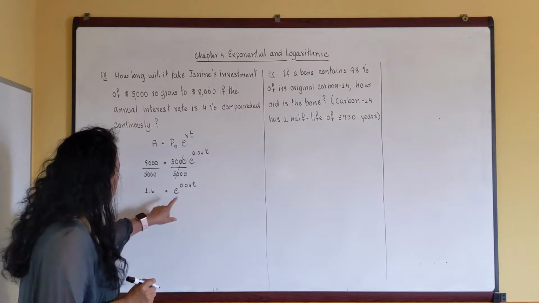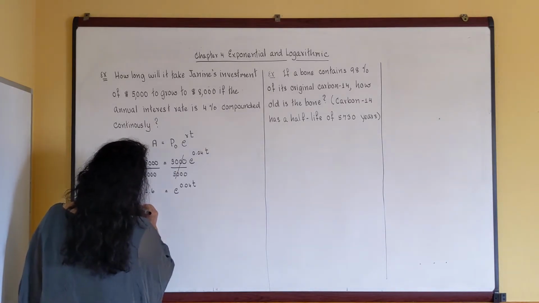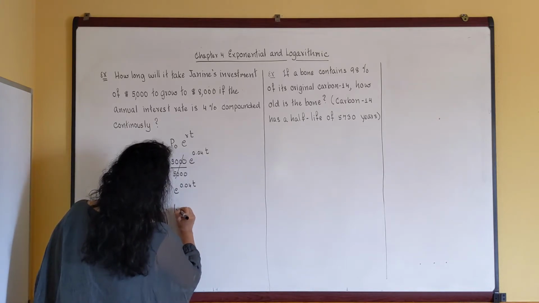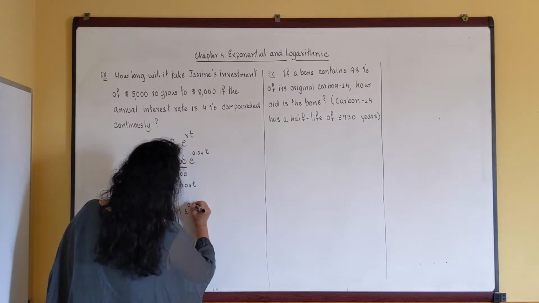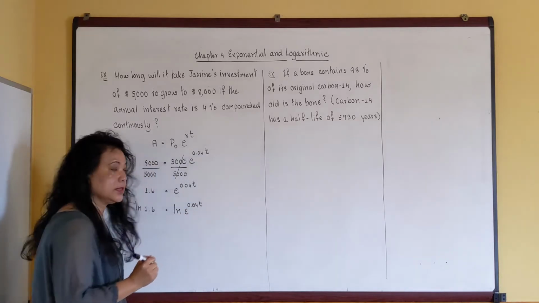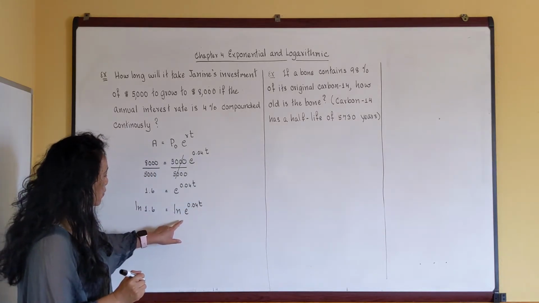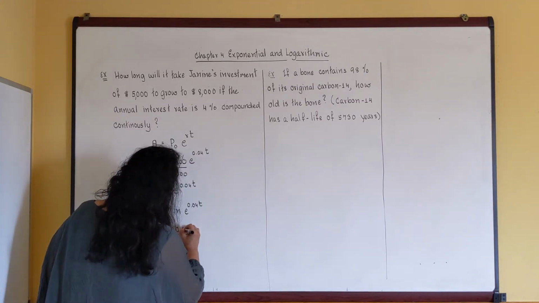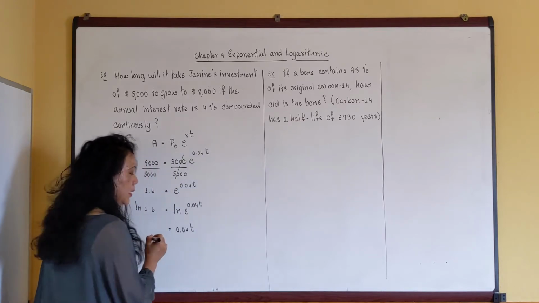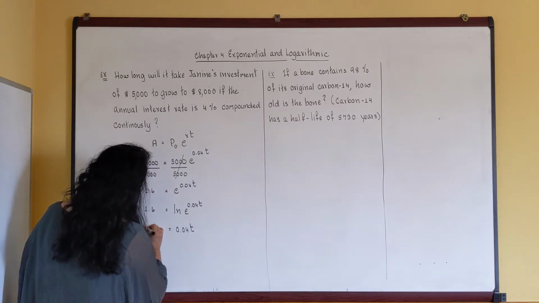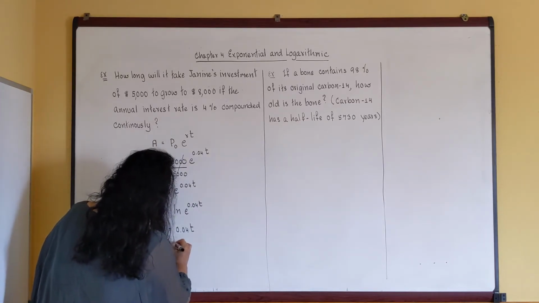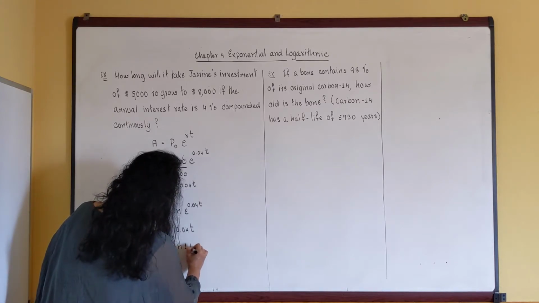I want to get rid of the e, so I'm going to have ln 1.6 equals ln e^(0.04t). On the right hand side, log base e of e^(0.04t) is going to be 0.04t, right? And then we have ln 1.6, so t would be ln 1.6 divided by 0.04.